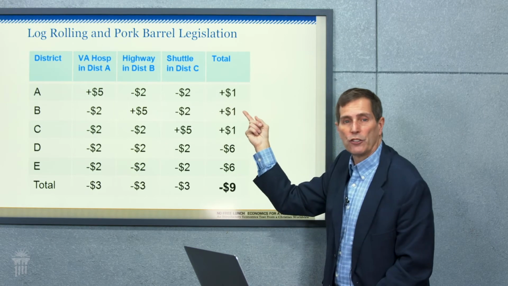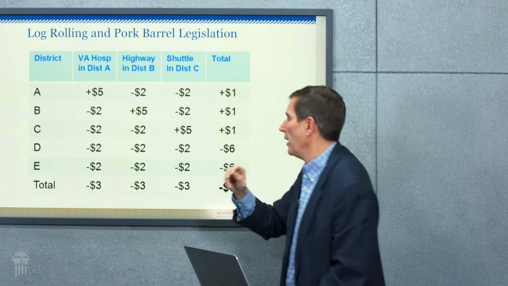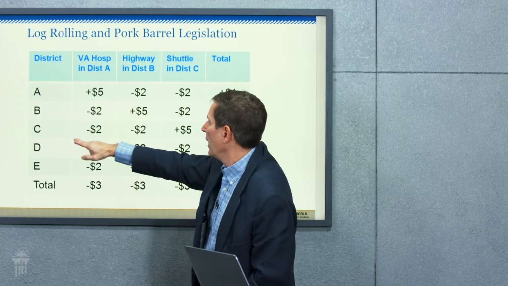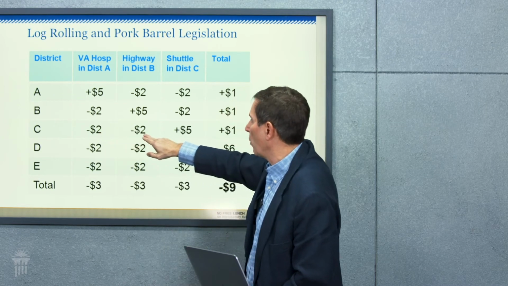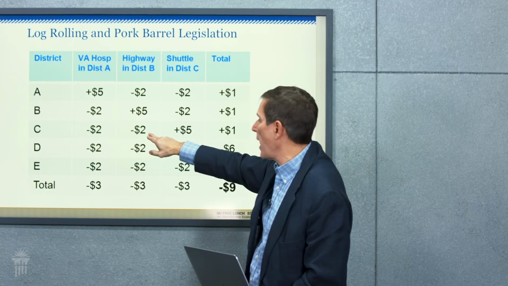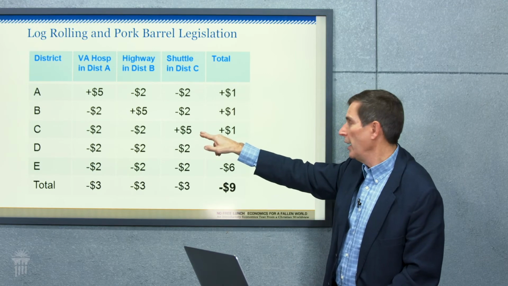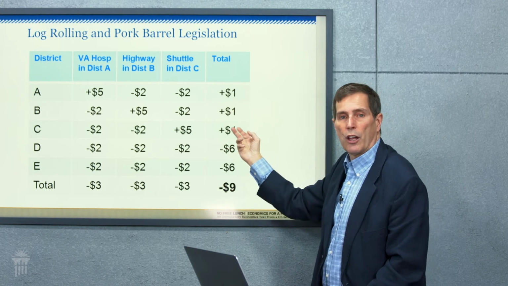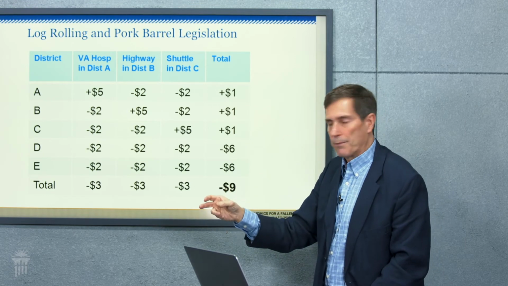She likewise gets a $1 net benefit. She's going to vote in favor of this project. Congressman C, he loses from the VA hospital. His folks have to pay taxes. Likewise, doesn't get the highway. They have to pay taxes. But he's going to get the shuttle in District C. So his net benefit to his constituents is $1. He's going to vote for it.